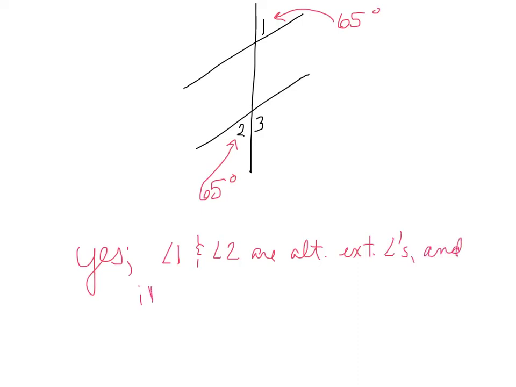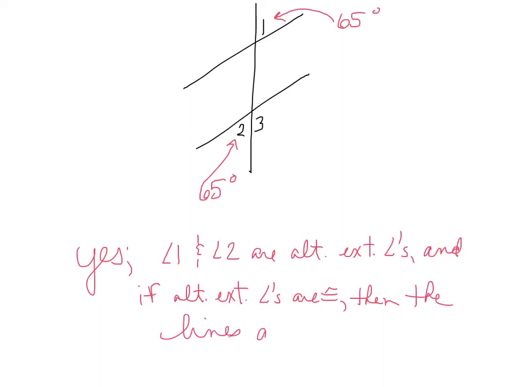And if alternate exterior angles are congruent, then the lines are parallel. So keep in mind that what you just used is the converse of the alternate exterior angles theorem.